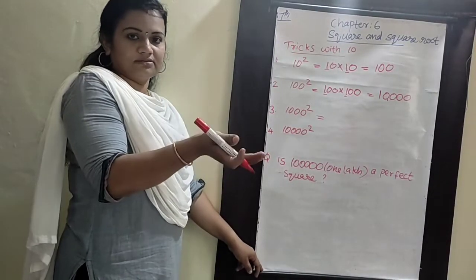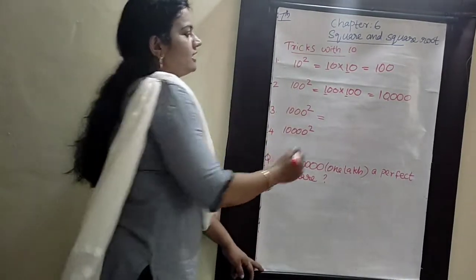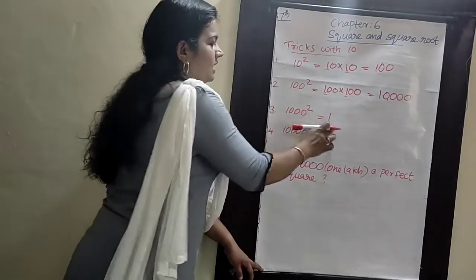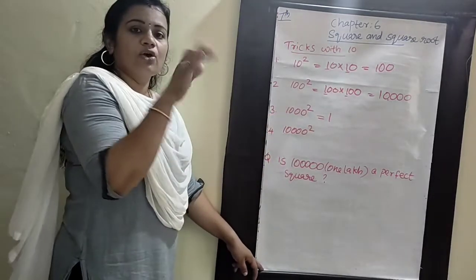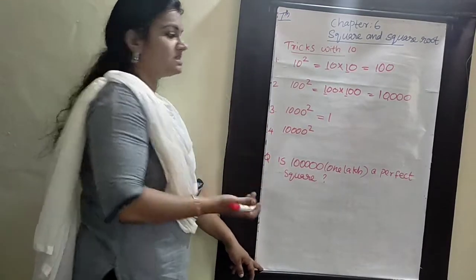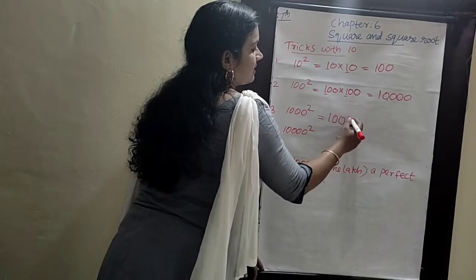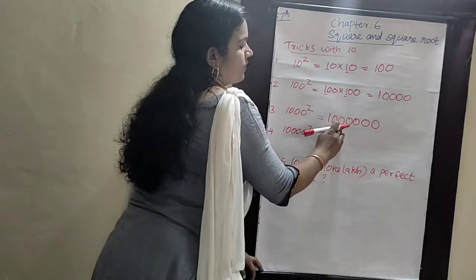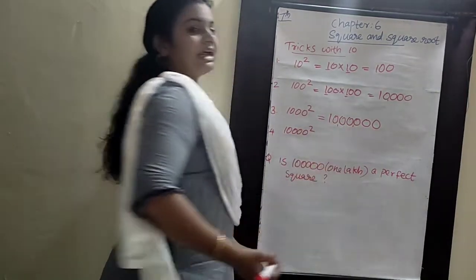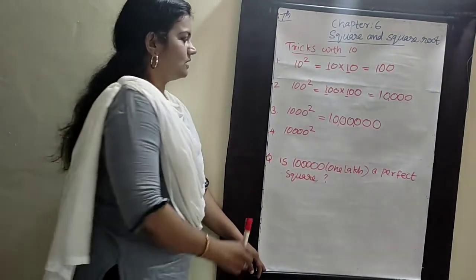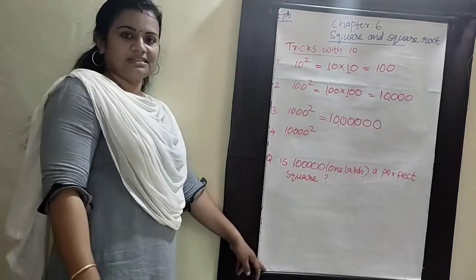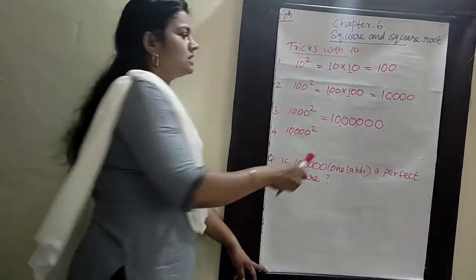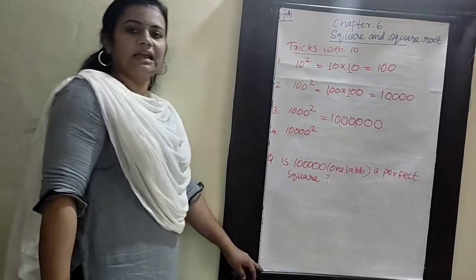Square means doubled, so the zeros are doubled. Here are 3 zeros, so the answer will have 6 zeros. We write 1 into 1, which is 1, and then the double of 3 zeros is 6 zeros: 1, 2, 3, 4, 5, 6 zeros. That is 10 lakh. Understood? Then we can directly write the answers: first write 1, then double of 3 zeros, 6 zeros. We got 10 lakh.